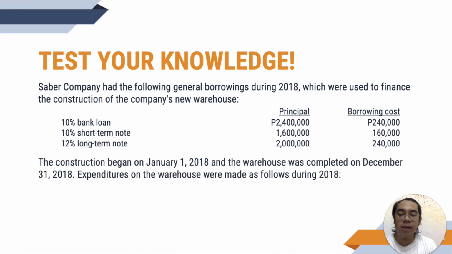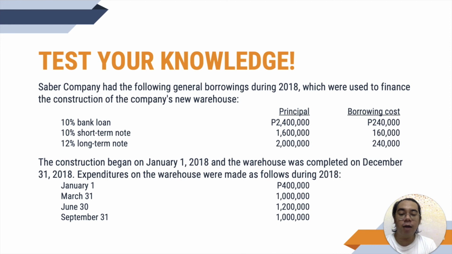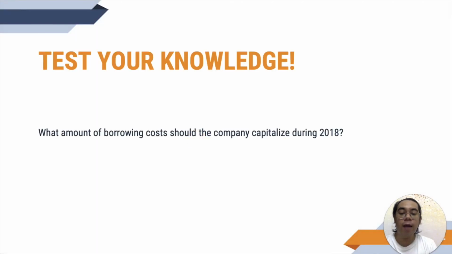The construction began on January 1, 2018 and the warehouse was completed on December 31, 2018. Expenditures on the warehouse were made as follows during 2018. January 1, 400,000. March 31, 1 million. June 30, 1,200,000. September 31, 1 million. December 31, 400,000.